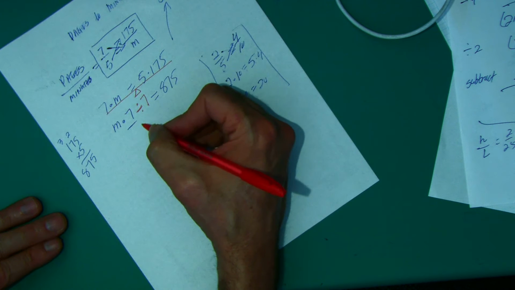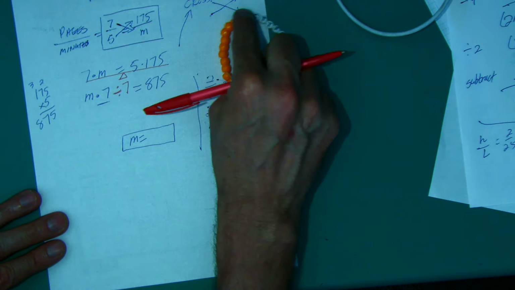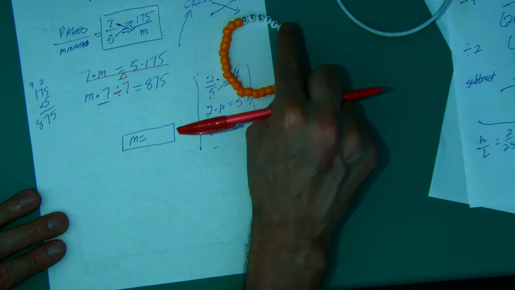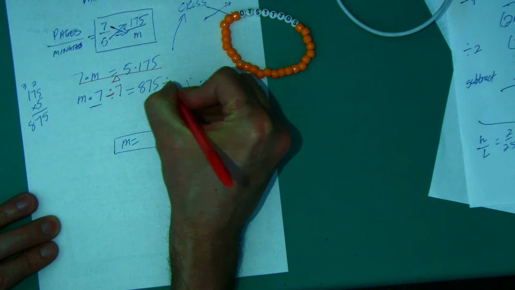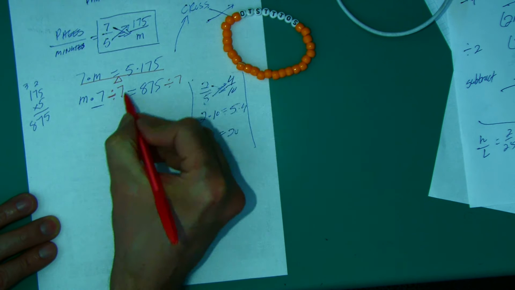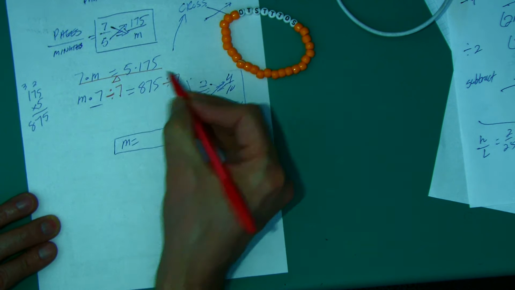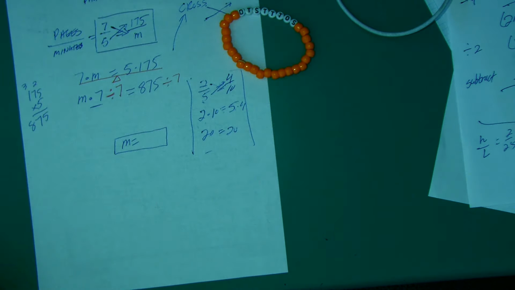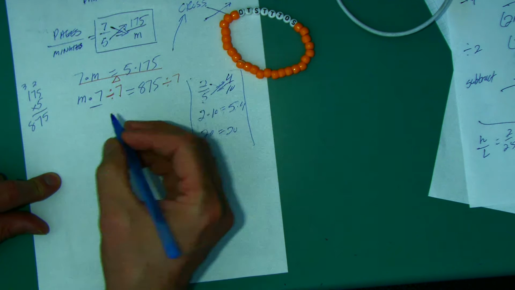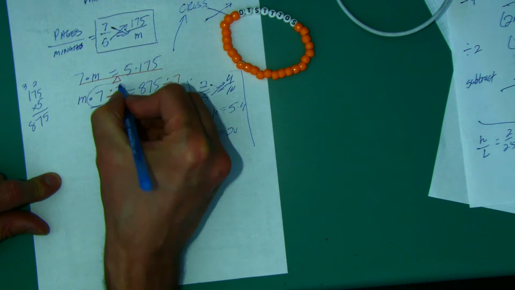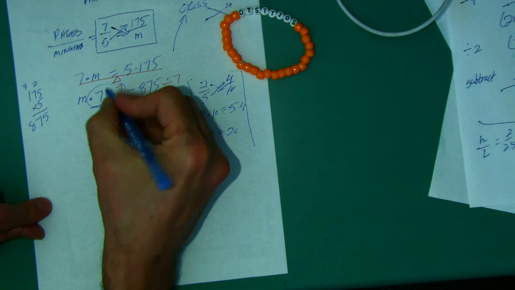That's where that bracelet comes in. I have to make sure I do the same thing to the other side. So if I divide this side by 7, I divide this side by 7. Whenever I solve this, I'll always do the inverse operation, the opposite, on both sides in another color ink, so it stands out.